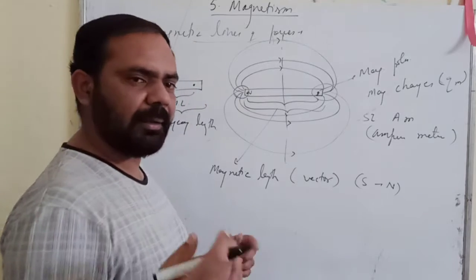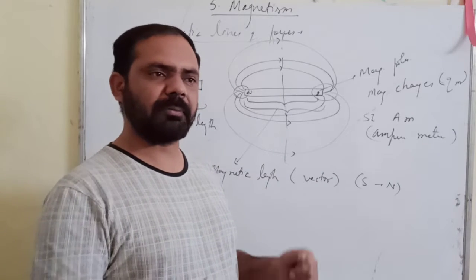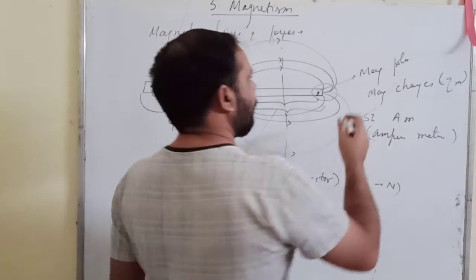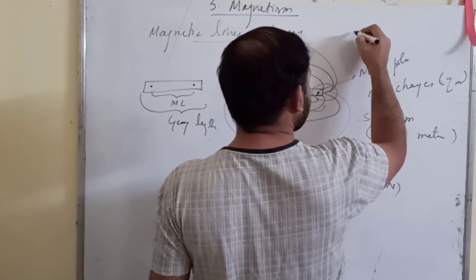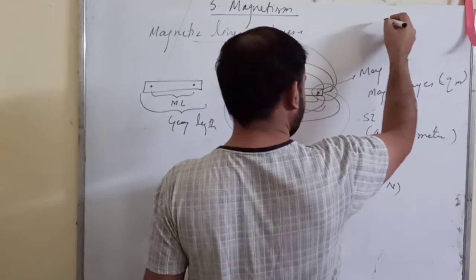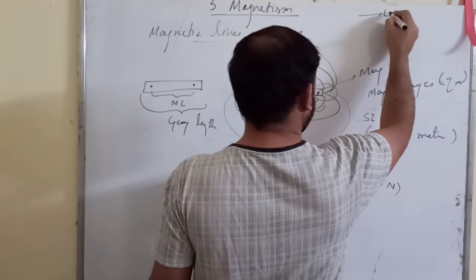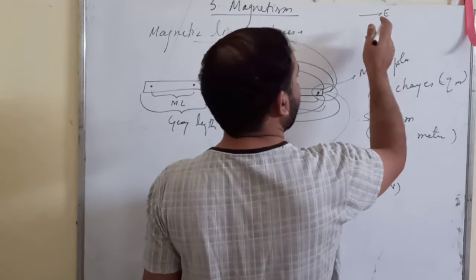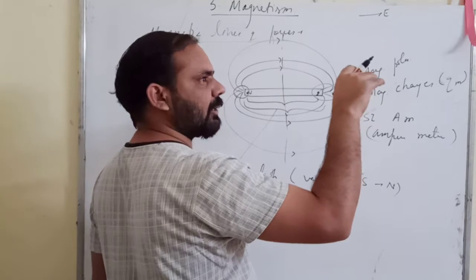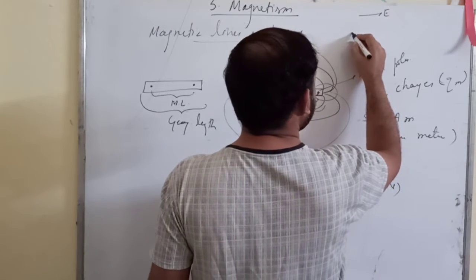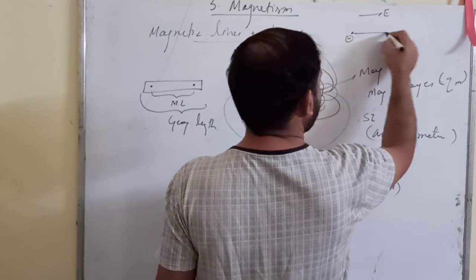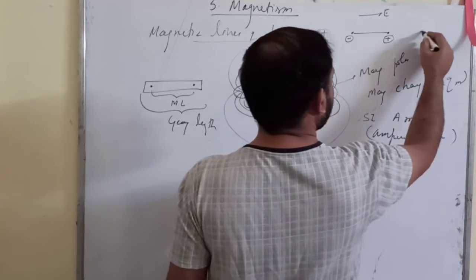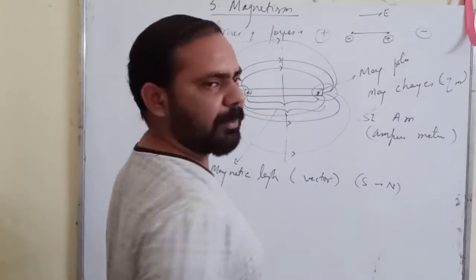The direction of the length of the electric dipole was from negative charge towards positive charge, and I gave you the reason: when you allow an electric dipole to settle in a stable equilibrium in an electric field, negative will be attracted to positive.